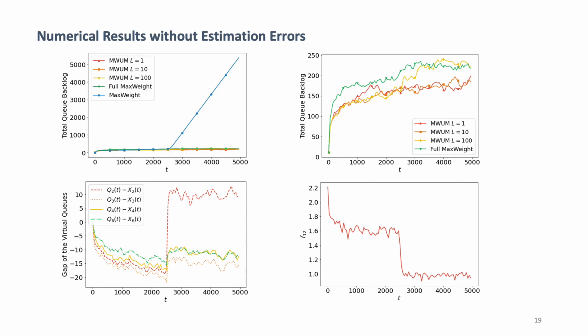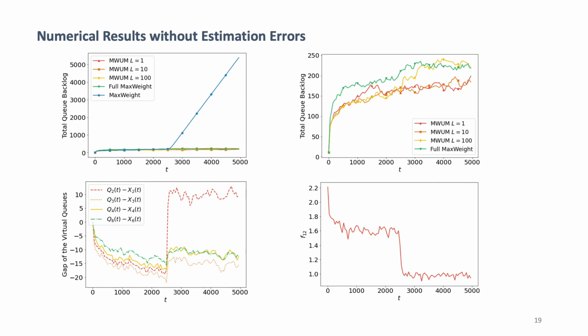Of course, when the average delay in the estimate grows larger, the performance may downgrade a little bit. The bottom left figure shows that the gap between the real queue backlog and the virtual queue backlog is under control. And finally, the bottom right figure shows that our algorithm captures the change of the malicious behavior pretty well.